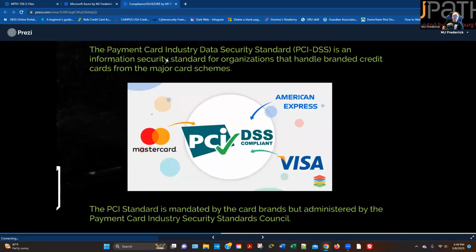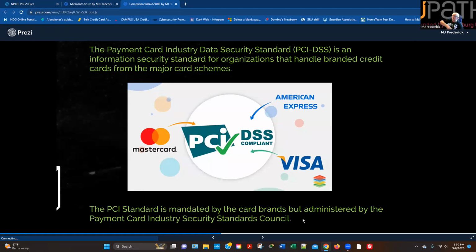Payment card industry does. So you have PCI and what's called data security standards. PCI and DSS, they work hand in hand, in tandem. And they are the information security standard for organizations that handle credit cards for all the major credit card schemes. So the PCI standard is mandated by card brands, but it's administered by the Payment Card Industry Security Standards Council.